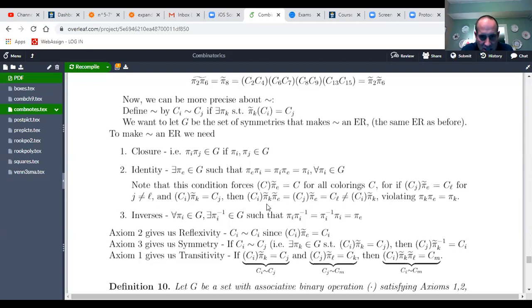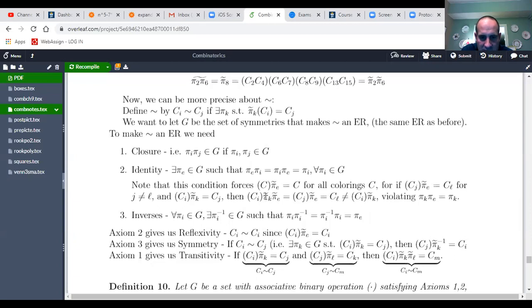Okay, so this thing applied to Ci gives us Cl, but that is not the same thing that pi k twiddle of Ci is, after all, because that's Cj, and Cj is not the same thing as Cl. So that means that pi k twiddle, pi e twiddle is not the same thing as pi k twiddle because they did not send Ci to the same place, right?